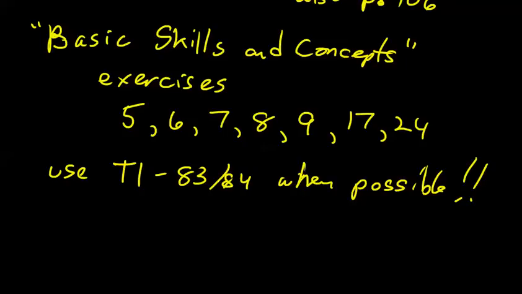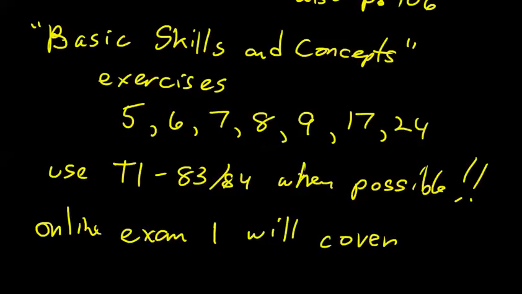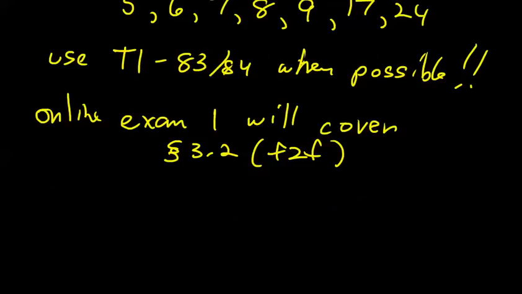All right, the online exam 1 will cover, as we stated in class, section 3.2, and that was covered in a face-to-face class, as you'll recall, and section 3.3 was covered in here online. Okay, so be sure to read and do your homeworks for section 3.2 and 3.3.